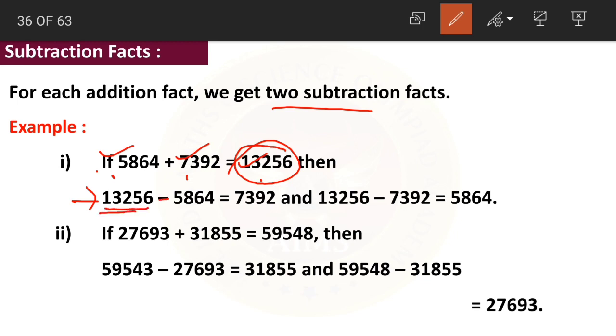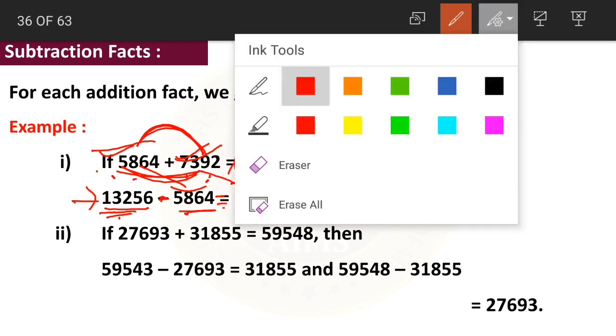Write the sum, subtract, and then subtract one of the addends. Sum is the larger number here, so larger number minus. Now these both are smaller than our sum. So first write the sum and then put the subtraction sign, and from these two addends write any one of the addends. Then when we subtract these two, the answer we get will be the other addend.